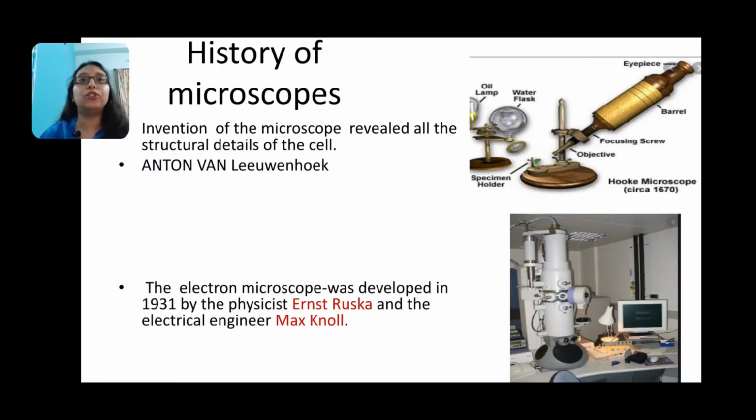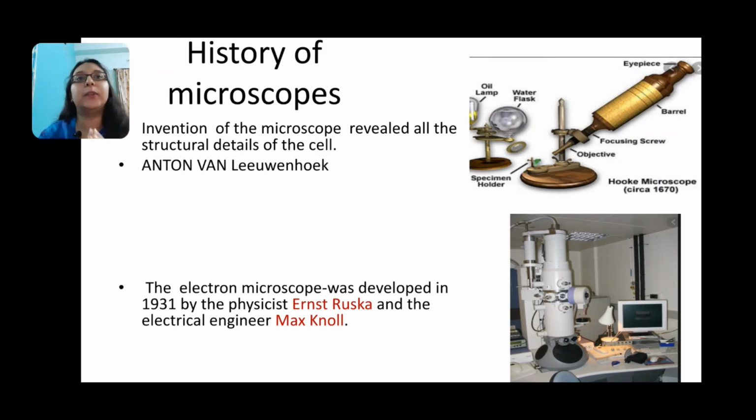Okay, now moving on to the history of microscopes. Now without a microscope, no microscopic organism can be seen, right? So a cell is a microscopic structure. So without microscopes, it could not be seen. So a very important part of cell history is microscopes history.